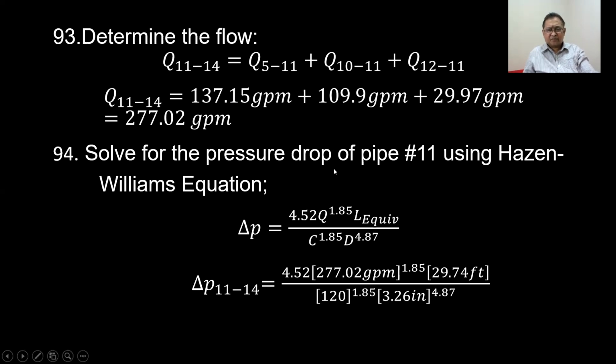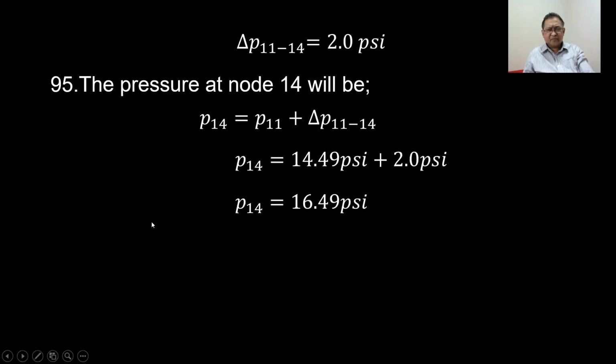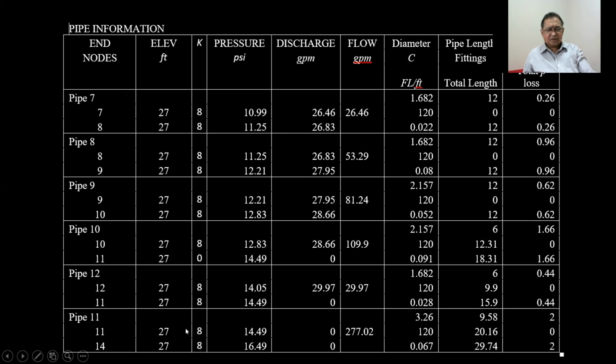Solve for the pressure drop of pipe number 11 using Hazen-Williams equation, and the resulting pressure drop will be 2.0 psi. So we can now calculate the pressure at node number 14 by adding the pressure drop of 2.0 to P sub 11, which is 14.49, and the result will be P sub 14 will be equal to 16.49 psi. We can now tabulate the results.